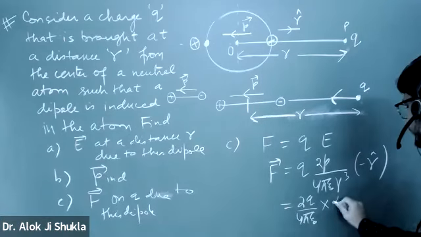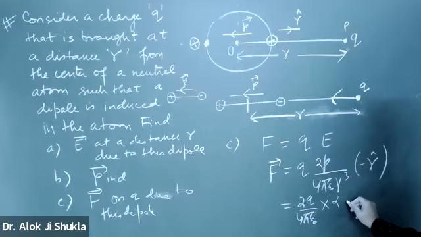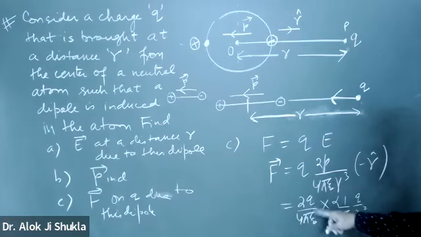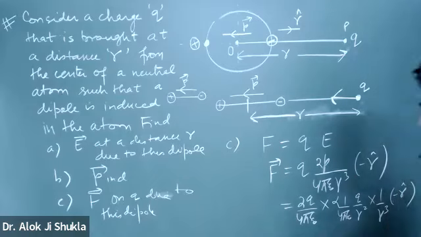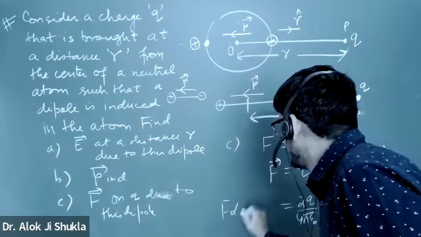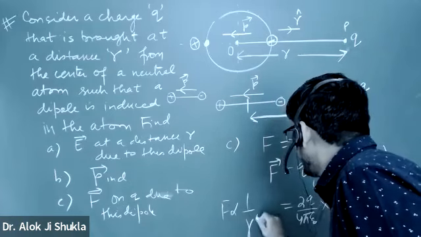Alpha into 1/4 pi epsilon naught Q by R square. So I have written 2Q here, the value of P here, and into 1 by R cube into minus R cap. So you can see here that force is proportional to 1/r to the power 5.